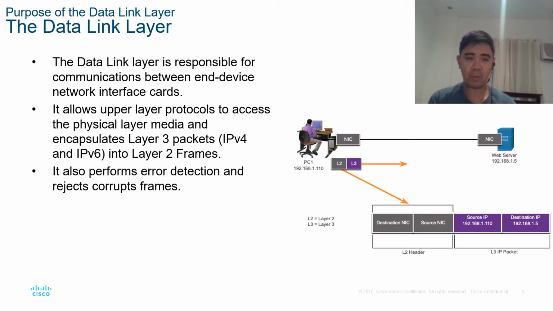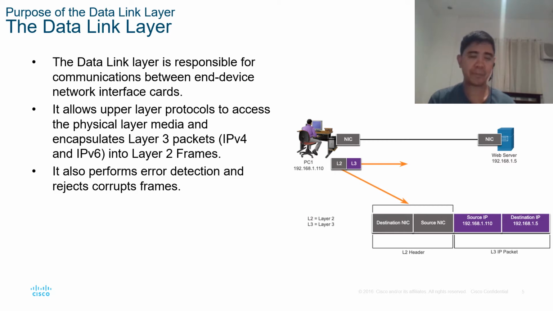One function of the data link layer is to prepare the frame during bit transmission. There's a specific function in the data link layer in terms of preparing the signal going to the cables. It has the role of the encoding and the signaling mechanism.